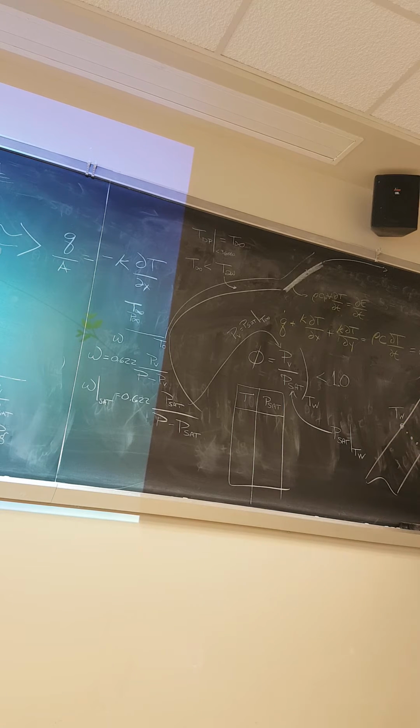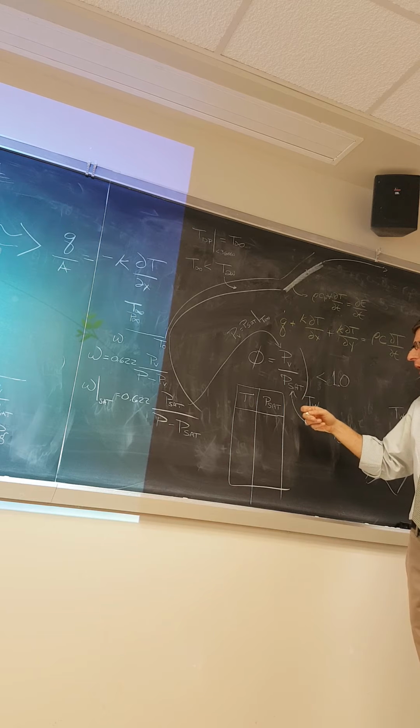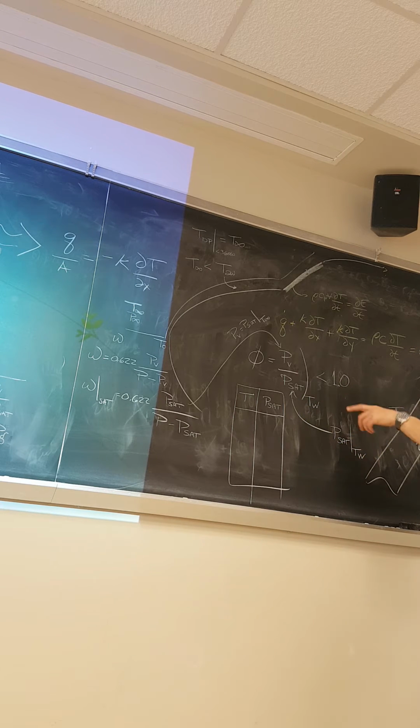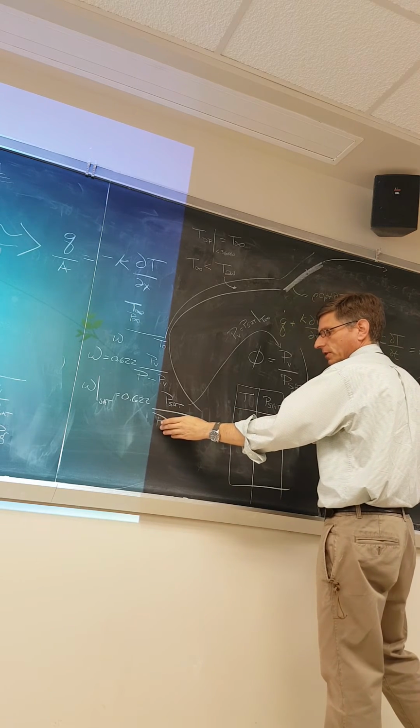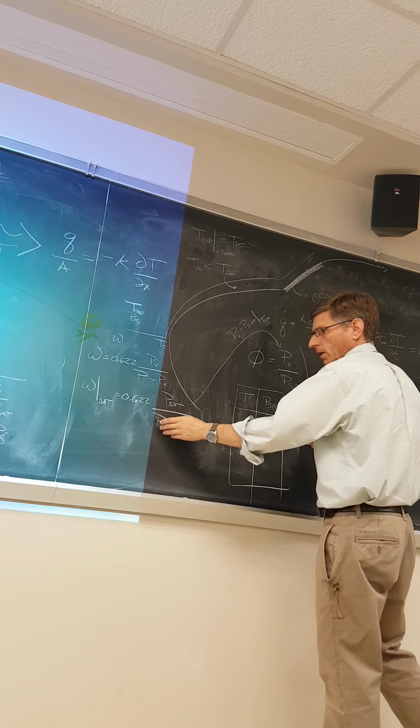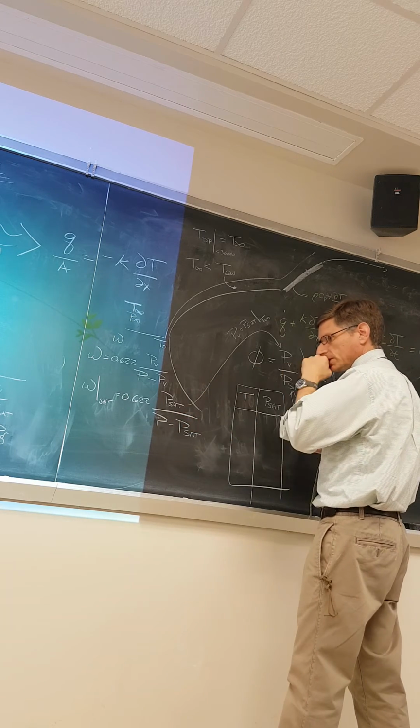So should we look at this in terms of pressure instead of temperature? No, because we don't really care what... Okay, we do care what the pressure is, because this is our outside air pressure, and we're going to assume 100% relative humidity.